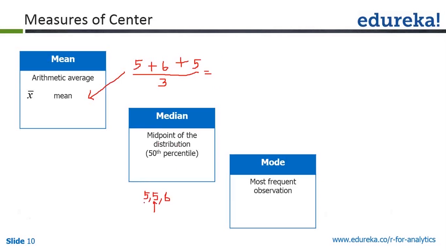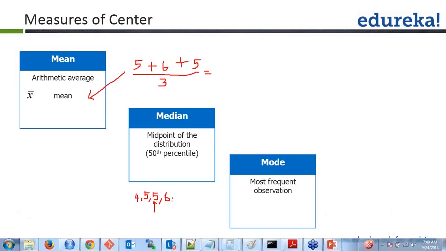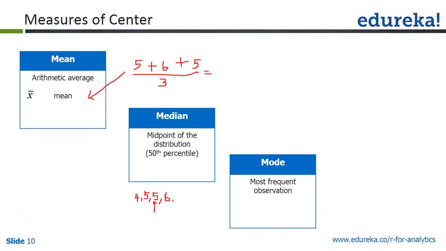Through this you can say that 50% of the guys... let us assume we have got some more data, say 4 and 6.5 or so on. So how to calculate median is just sort these numbers and take the middle value, because that tells about the 50th percentile.